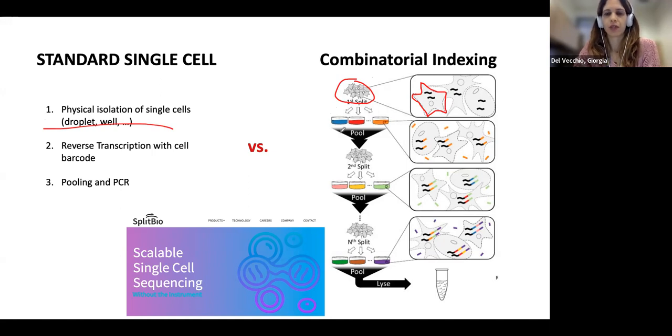like the one we use for qPCR, okay? But each well in the 96-well plate will contain a barcode. So each well has a different barcode that in the figure here is represented by different colors.